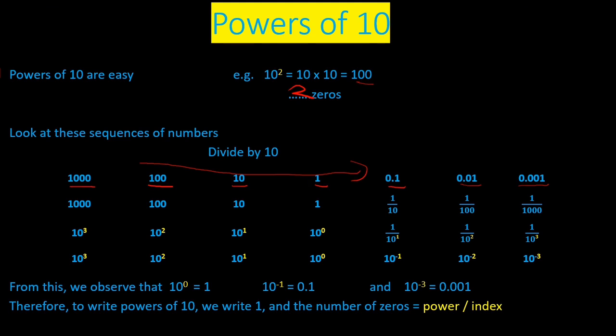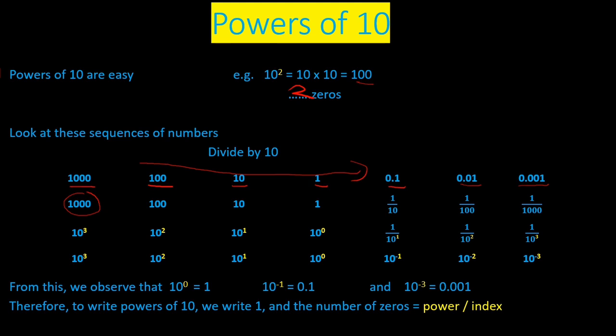From this, you can see here that we have 1000, and our 1000 can also be written as 10 to the power 3. Why?